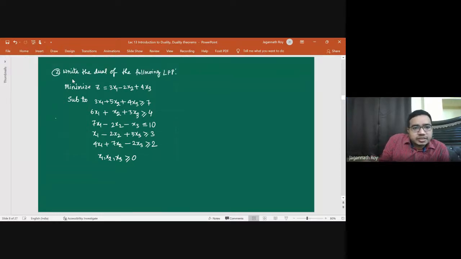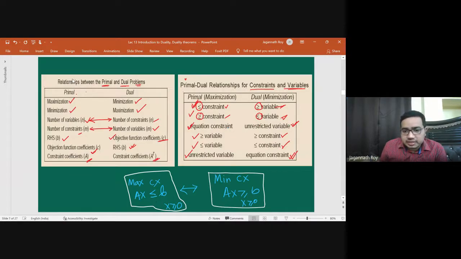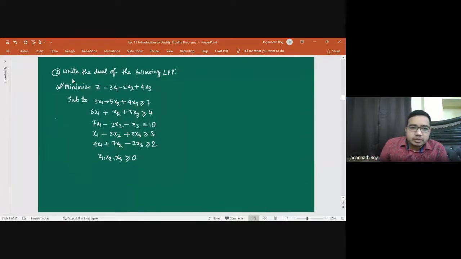Now we can say that this is a minimization problem. So for a minimization problem, we will try to keep it as greater than type. We can see this is constraint number 1, constraint number 2, constraint number 3, constraint number 4, and this is constraint number 5.